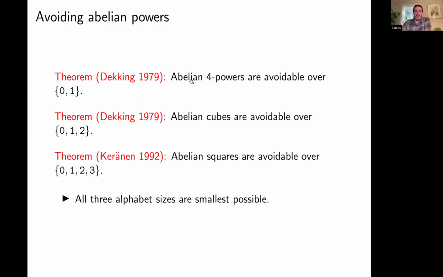And obviously, it's impossible to avoid abelian 4 powers over an alphabet with just one letter. So basically, everything is known about which abelian powers are avoidable over a fixed alphabet.